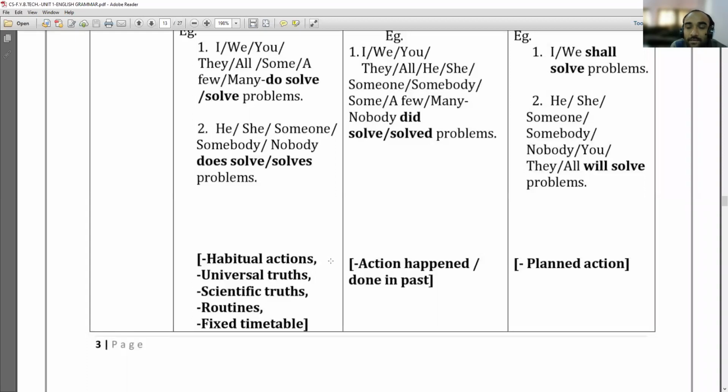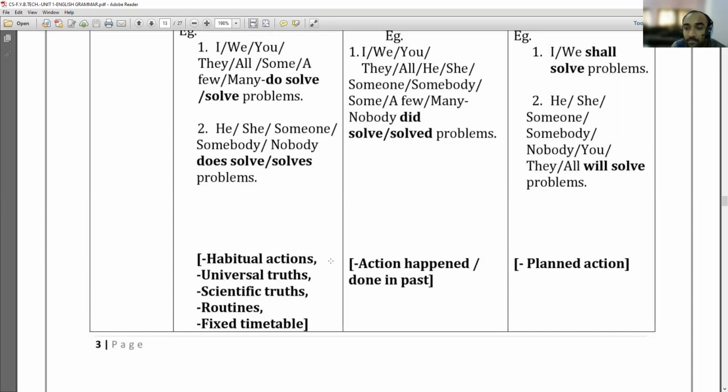Then in the afternoon he takes lunch, and in the evening he takes dinner. So these are that person's habits. कुठल्याही हॅबिट्स दर्शवण्यासाठी आपण त्याला म्हणतो habitual actions.